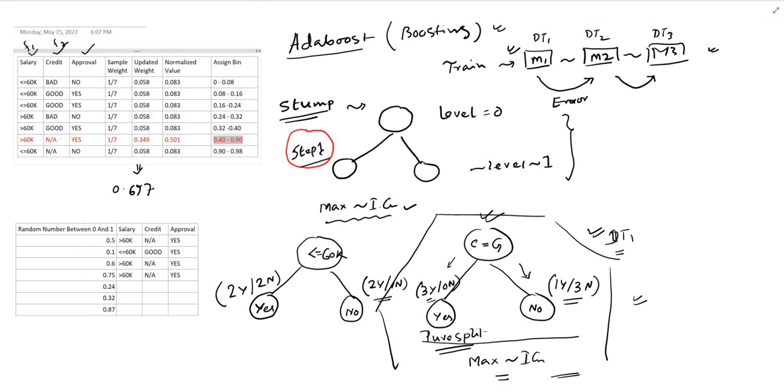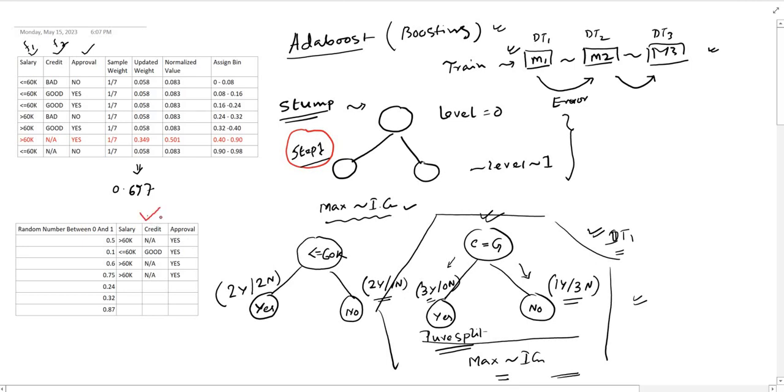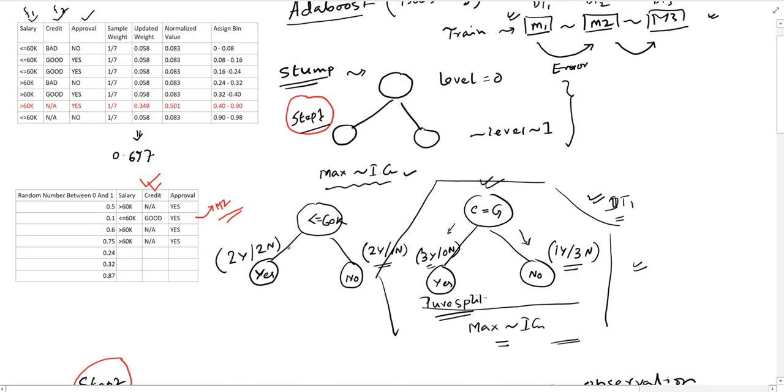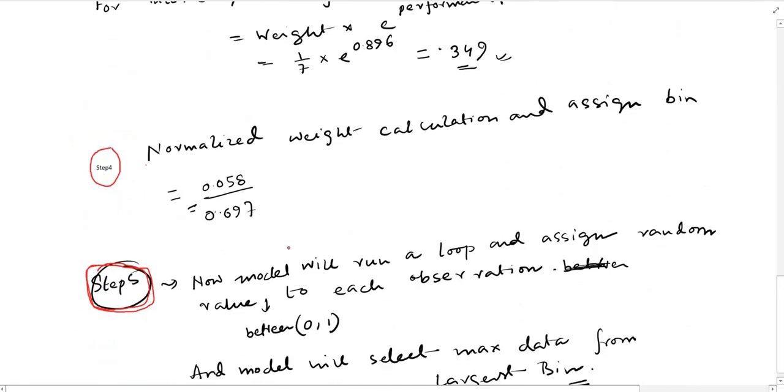That's a very important aspect: whatever data we are generating here, this dataset will now go to model 2, M2. And then this entire process will start again. Hopefully it's clear to everyone.